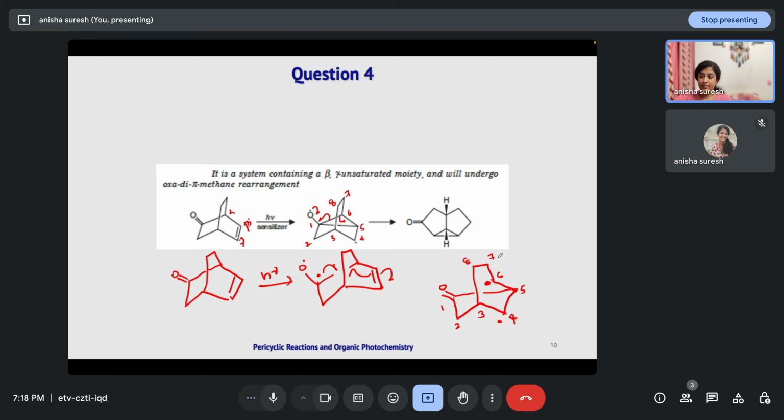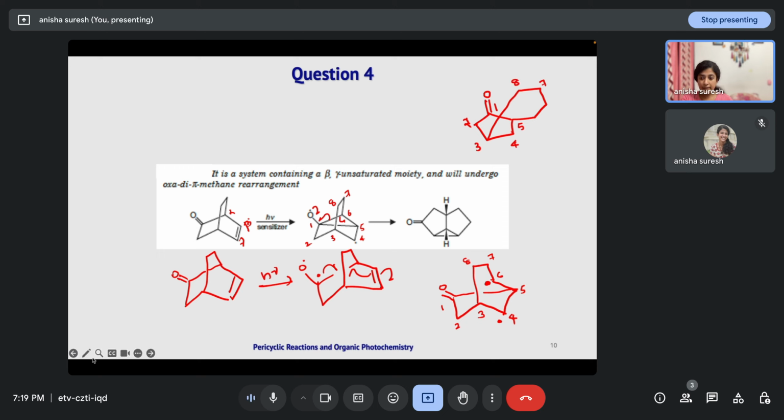1, sorry, this is 1, 2, 3, 4, 5. Okay, and in between 3 there is 8, 7, 6, and 6 is connected to 5. Okay, 8.